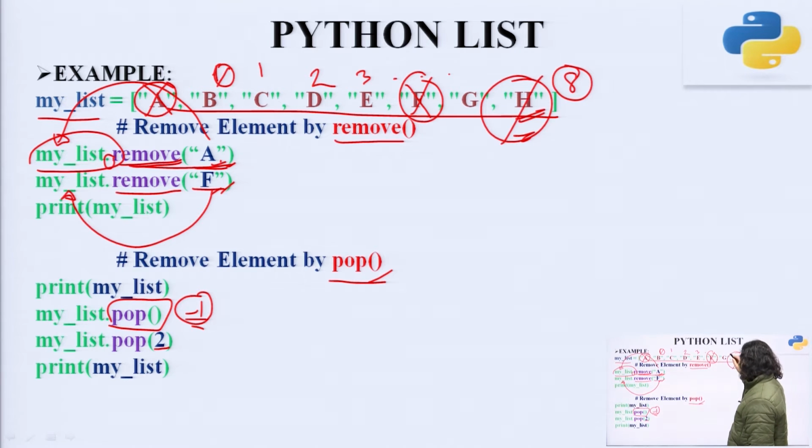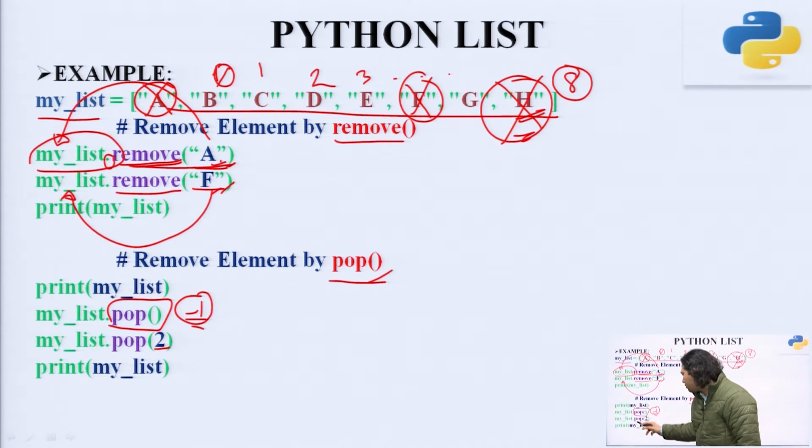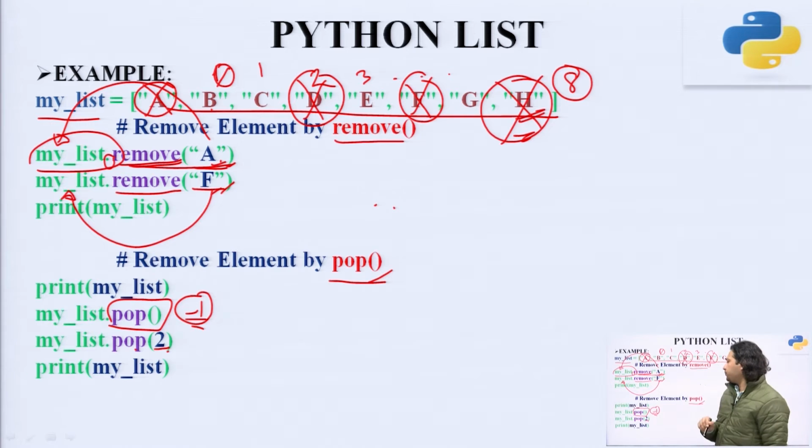So, here we are going to remove this H. Similarly, when you use pop and specify the index number, that means, ball is 0, cat is 1, doll is 2, so this element is also removed.